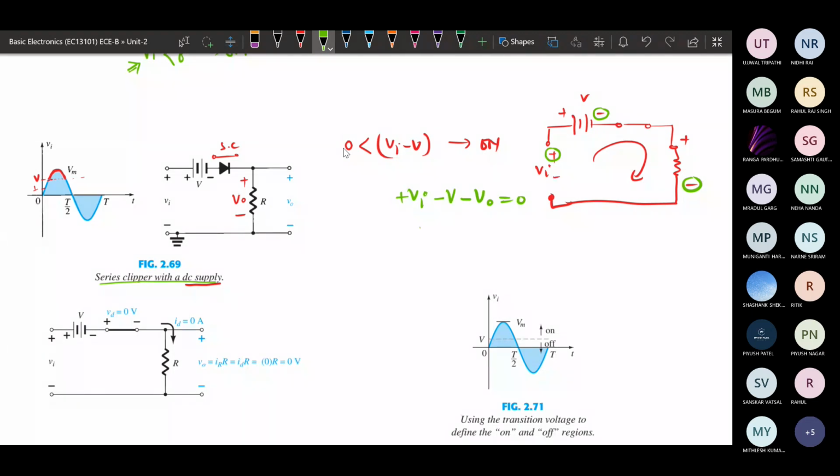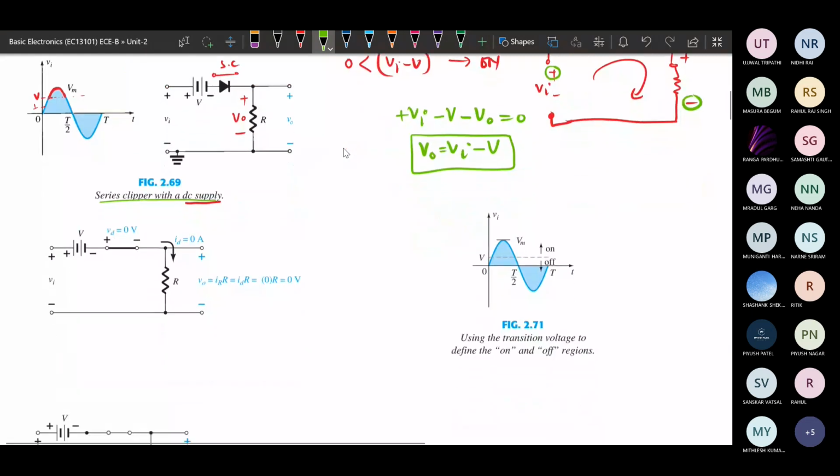So the output voltage we will get by transferring is V input minus V. So if the diode is on, the output that we will be getting is V input minus V.